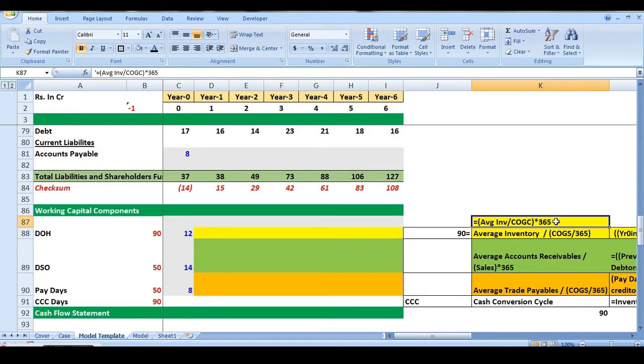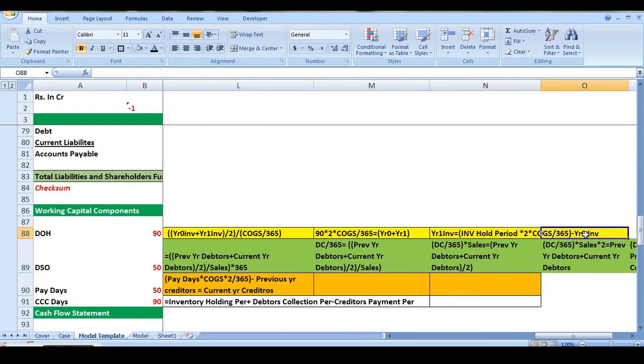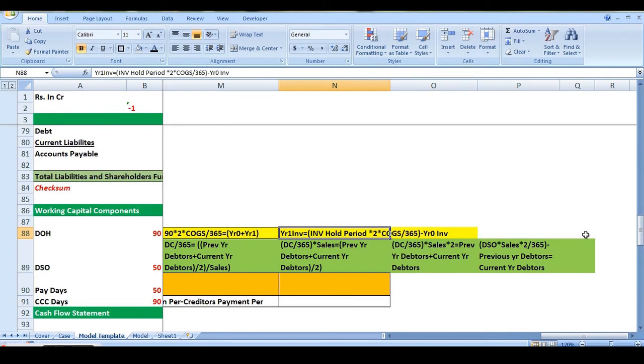If we simplify this, average inventory is year 0 inventory plus year 1 inventory divided by 2, and then dividing by cost divided by 365, we reach the formula to calculate year 1 inventory.